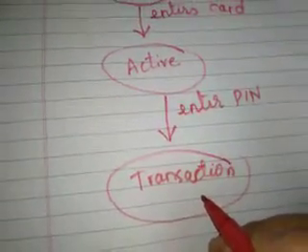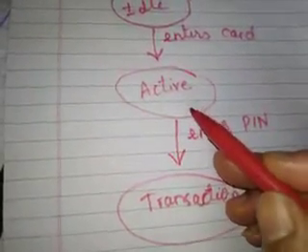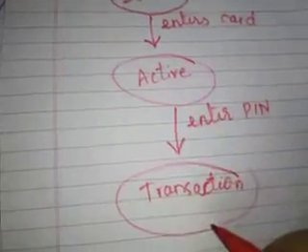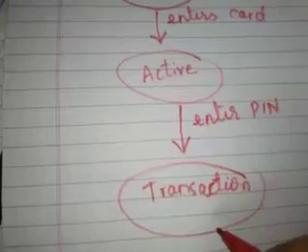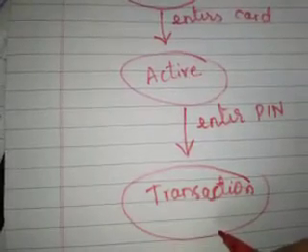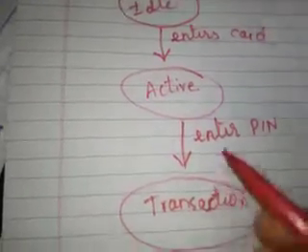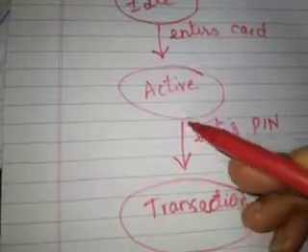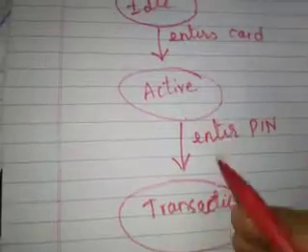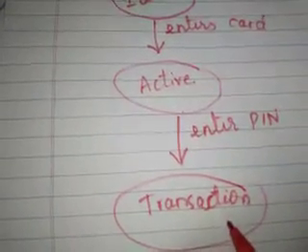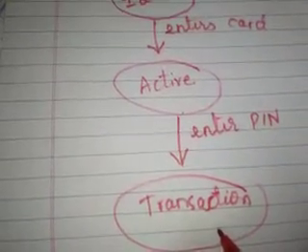Now, in case from the active state you are unable to move to the transaction state, can it be ignored? No. If there is no transition from the active state to the transaction state, can it be ignored? No, because you have come to the ATM machine to do some transaction. You cannot ignore it.